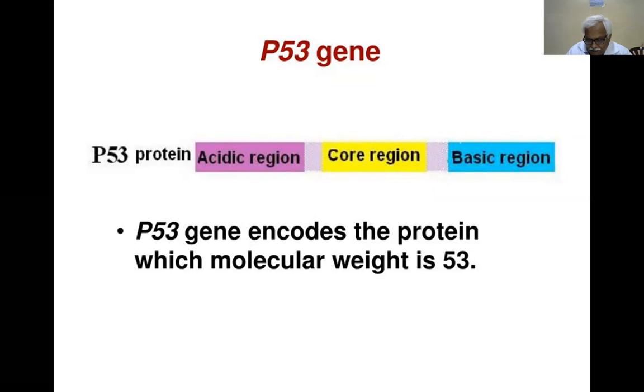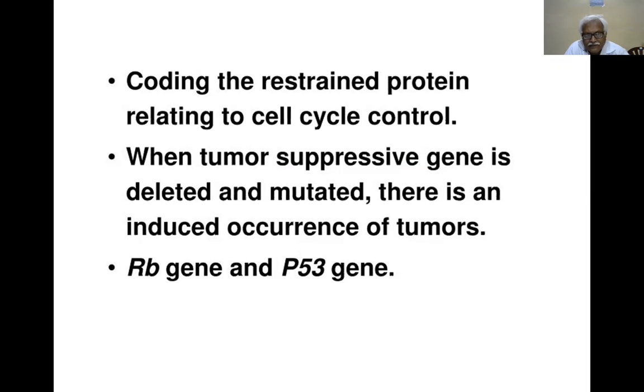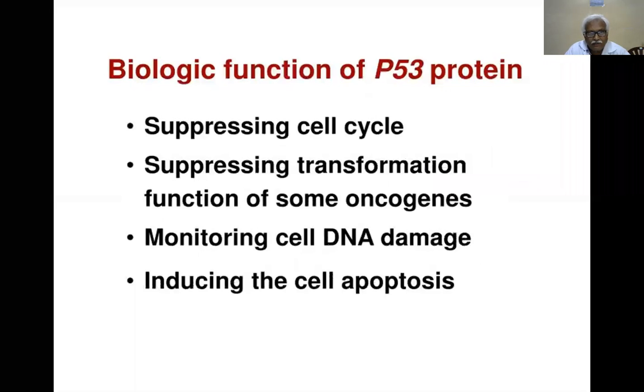Some proteins are named basically on their molecular weight. It encodes a protein relating to cell cycle control. When a tumor suppressor gene is deleted or mutated, there is an induced occurrence of tumors. The RB gene and P53 gene, you have to remember.